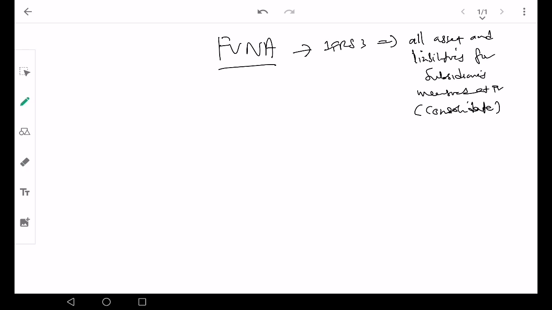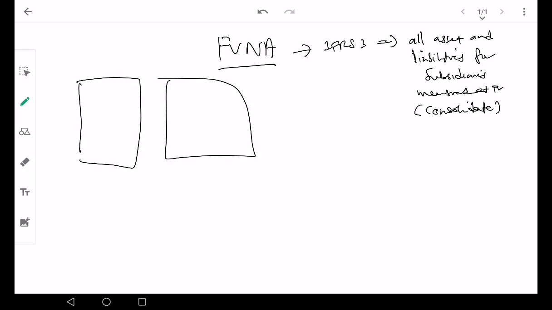I give a scenario here now. I have mentioned to you, this is parent, this is sub, equals to group. Group is considered a single entity. When you do consolidation, we assume that this is a single entity.